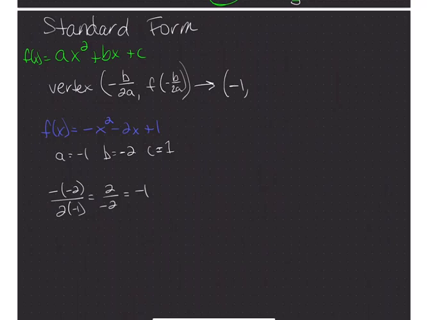Now I need to figure out my k value, which is the same thing as a y. We're just calling it k because it's the vertex. So if I know what my x is, what am I going to do with my x? I'm going to put it in for x. So to find my k, I'm going to have negative, what's my x value? Negative 1 squared minus 2 times negative 1 plus 1.